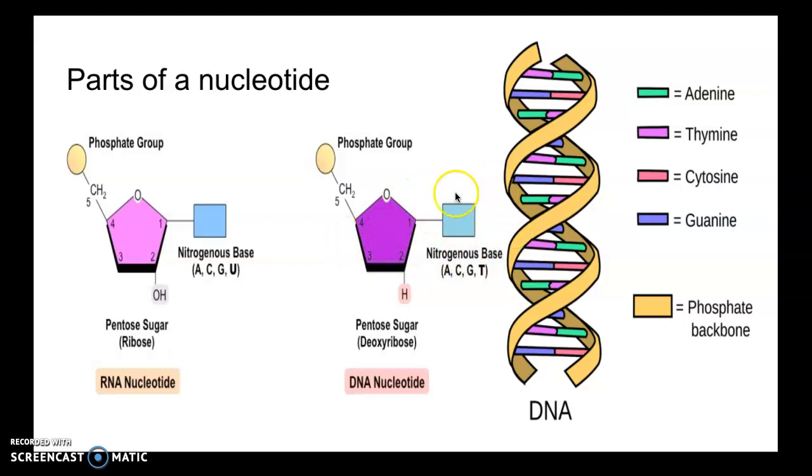But the nitrogenous base is where things get different. You are made of the phosphate group, the 5-carbon sugar, and an adenine, or a cytosine, or a guanine, or a thymine. And if you happen to be an RNA nucleotide, you could potentially have a uracil nitrogenous base.